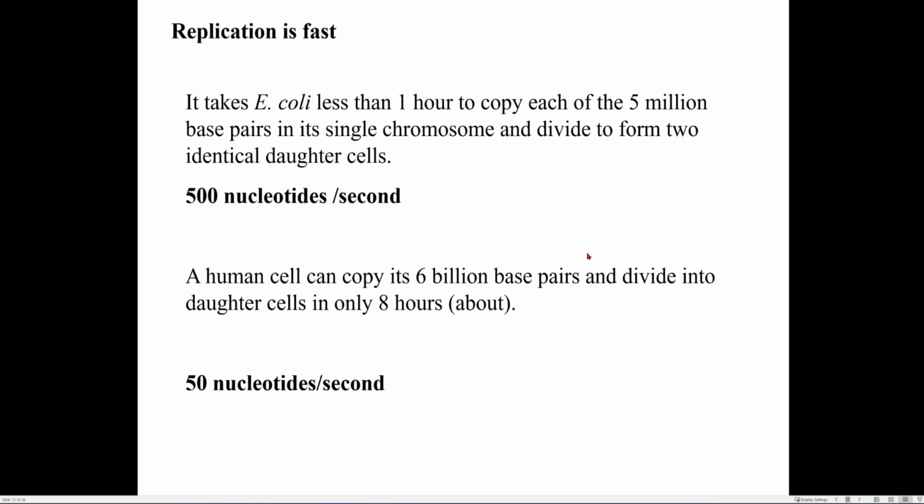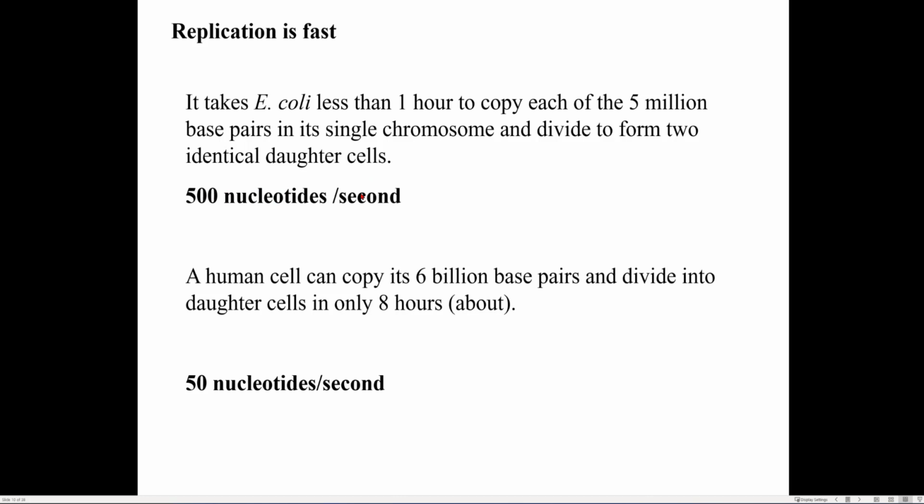So replication I mentioned in the previous presentation. Remember, replication is the process by which cells make a replica, an exact copy of the DNA. In bacteria, for example E. coli, replication happens at about 500 letters per second. That's amazing, right?